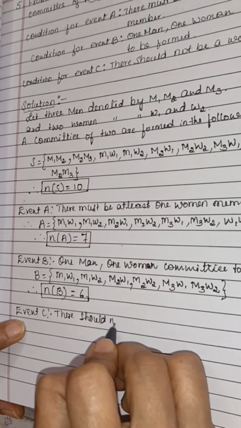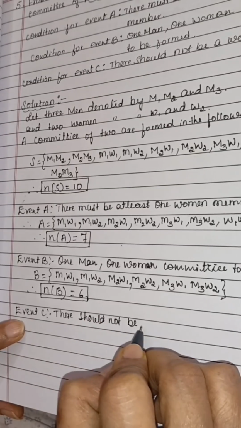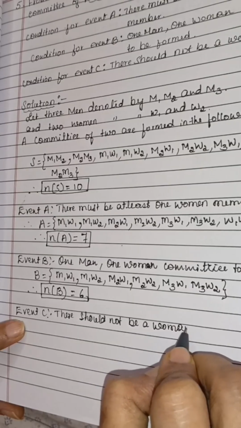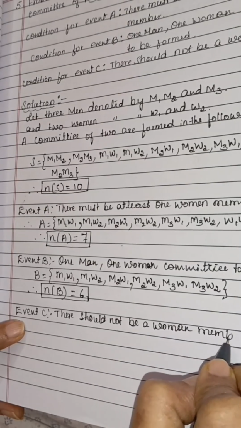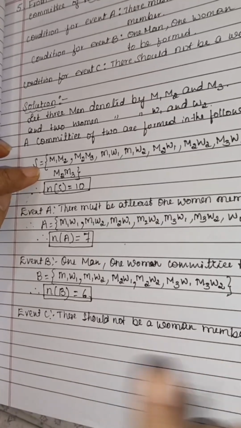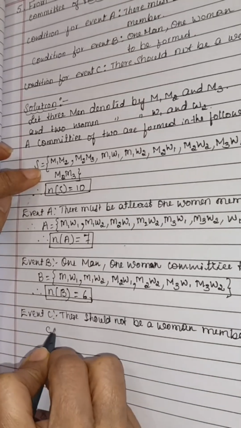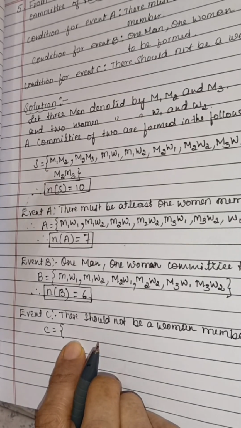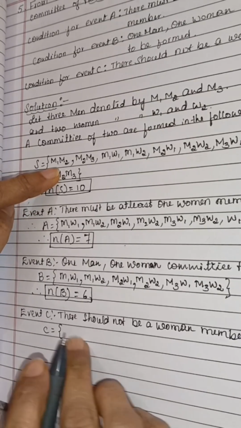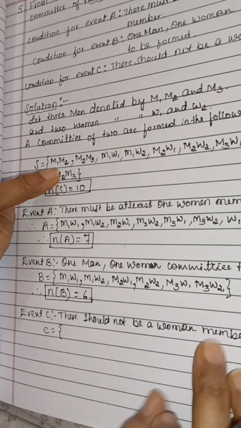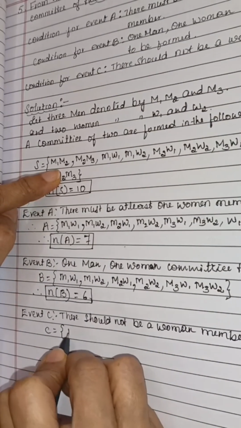Therefore, event C, from the sample space. See, there should not be a woman, which means the elements cannot have a woman. So M1, M2, only men.